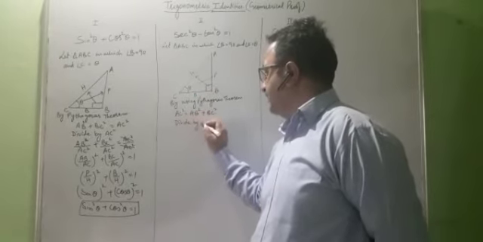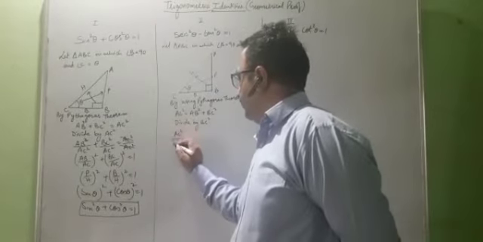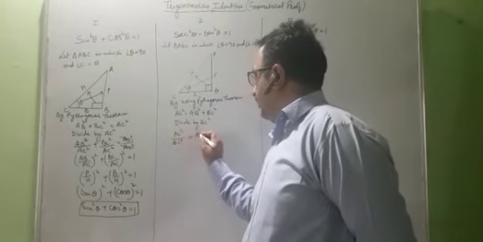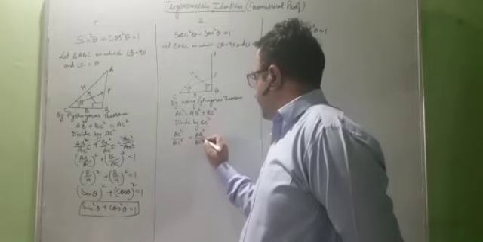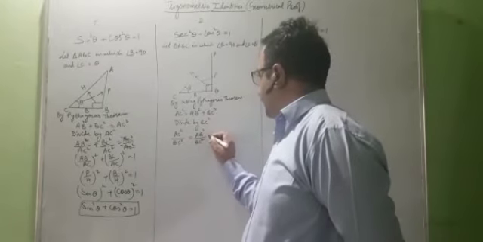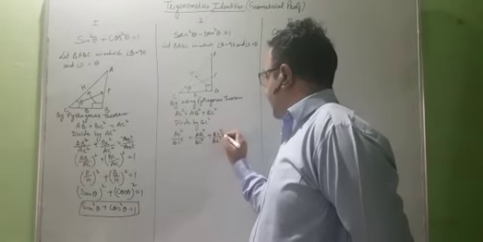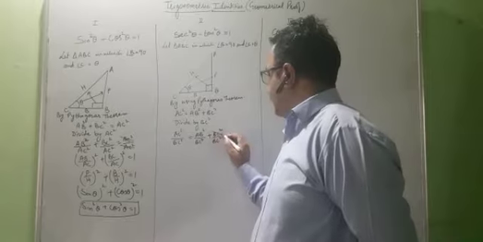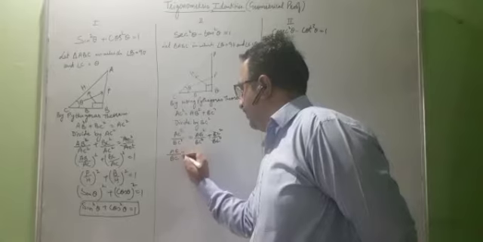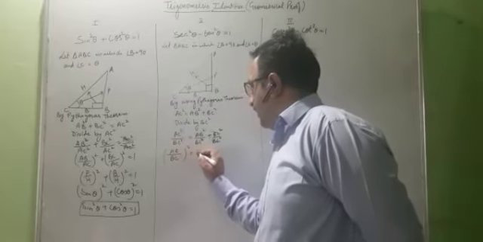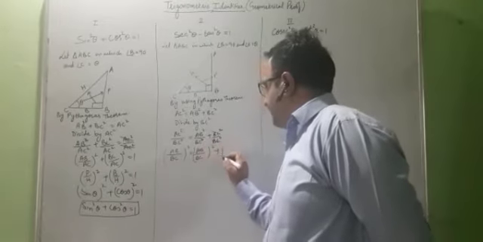by BC square. So AC square upon BC square equal to AB square upon BC square plus BC square upon BC square. So BC square will cancel out. AC upon BC whole square, AB upon BC whole square plus 1.